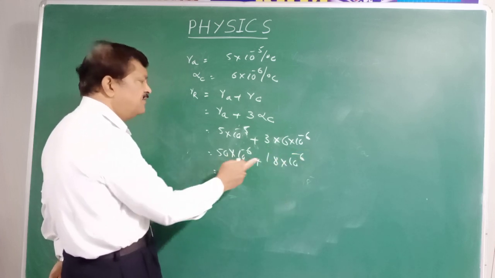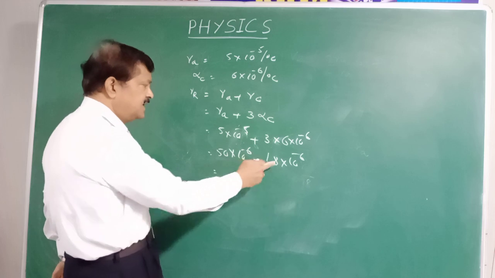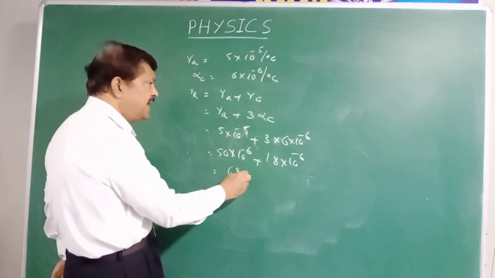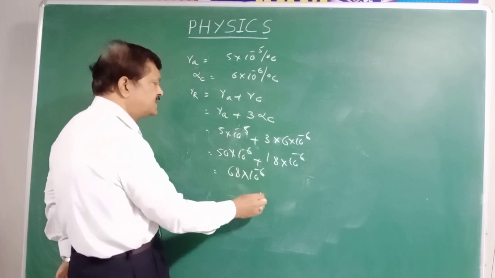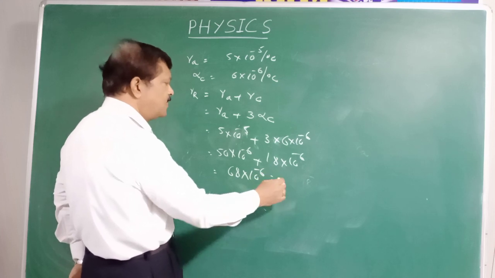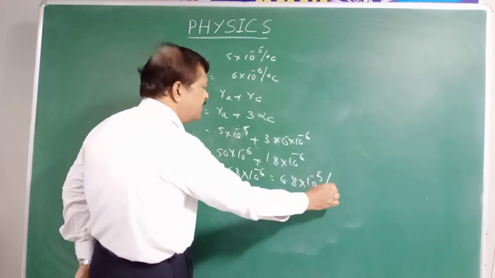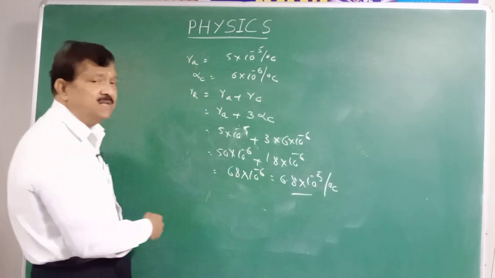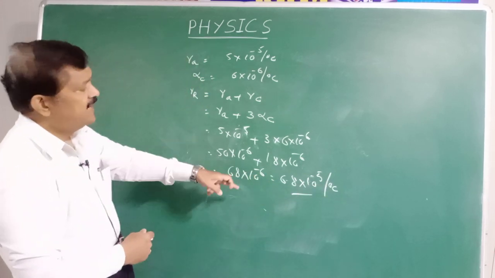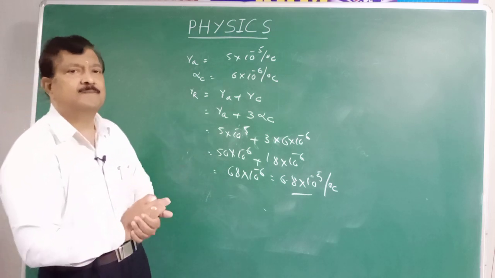Totally it becomes 50 plus 18, that is 68. 68 into 10 power minus 6, otherwise we can write 6.8 into 10 power minus 5 per degree centigrade.